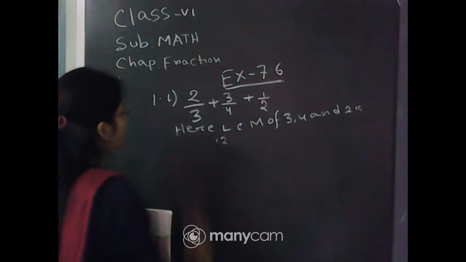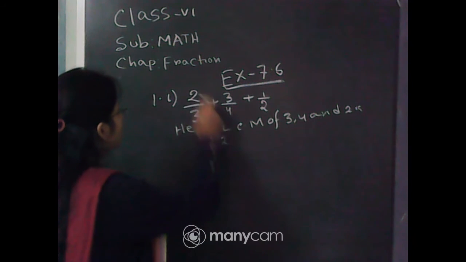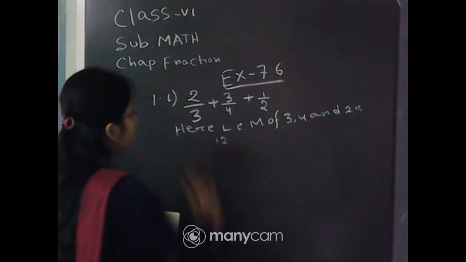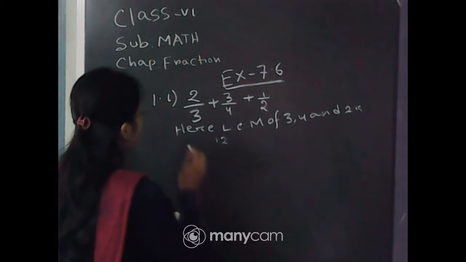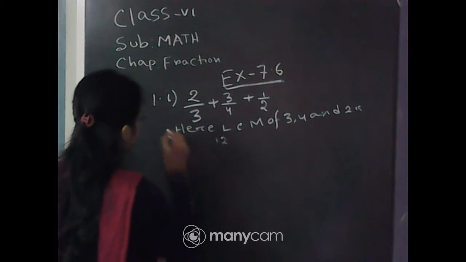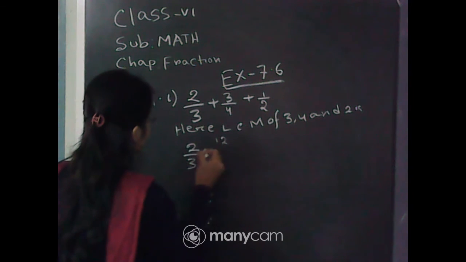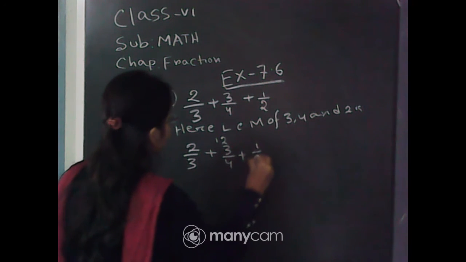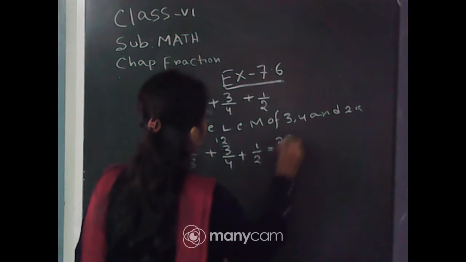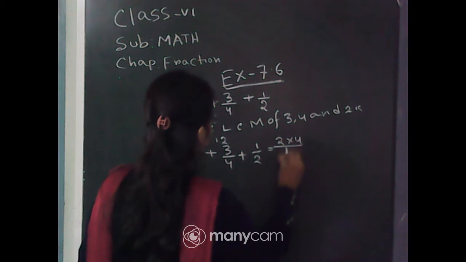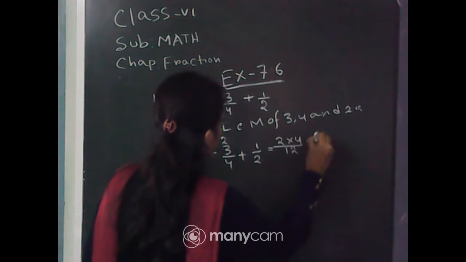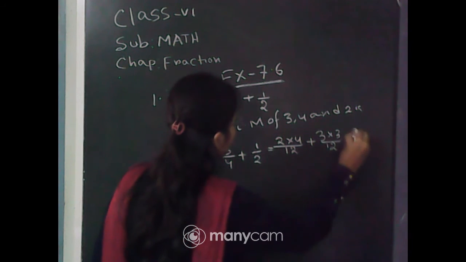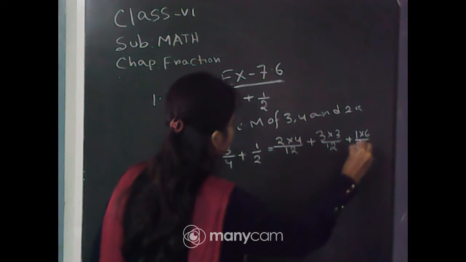Therefore, to make the denominator 12, we multiply this fraction by 4, this fraction by 3, and this fraction by 6, and we get 2 cross 4 divided by 12 plus 3 cross 3 divided by 12 plus 1 cross 6 divided by 12.